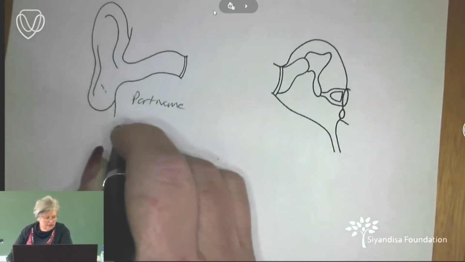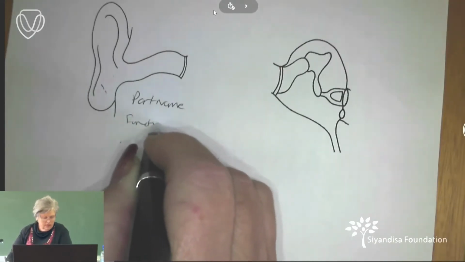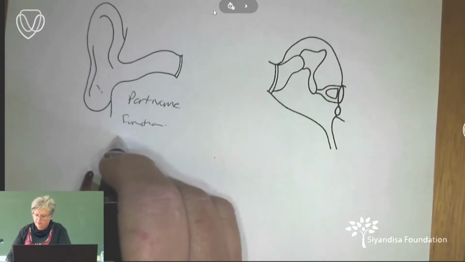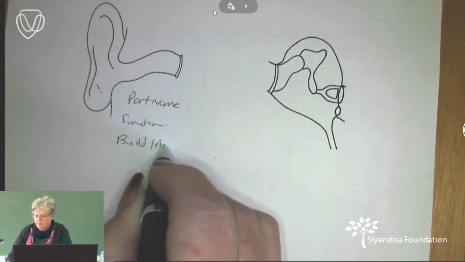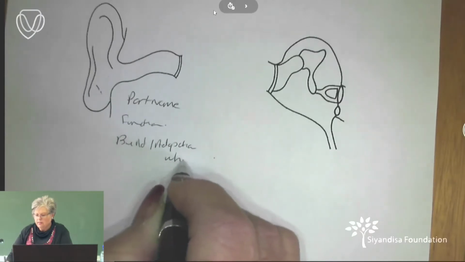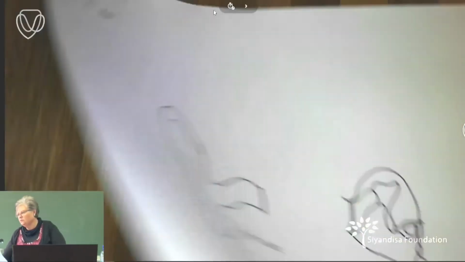Write down the function of the part. And lastly, write down the build or the adaptation, or why the organ looks like it looks. And this part is our level C questions.